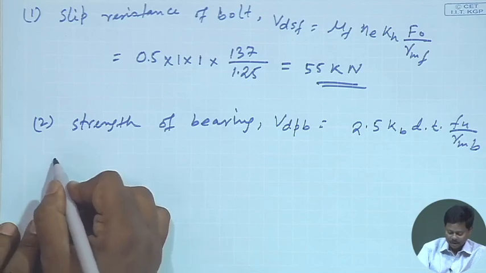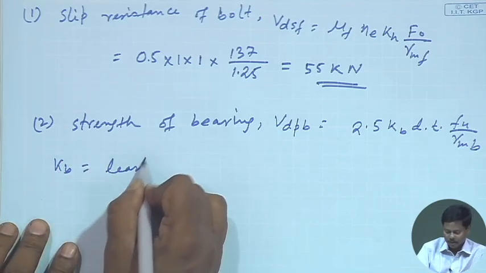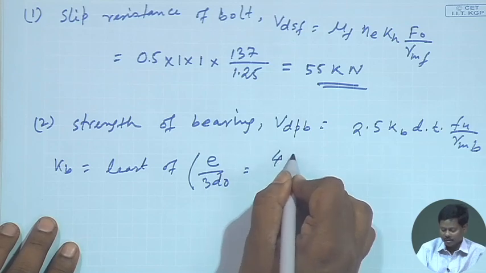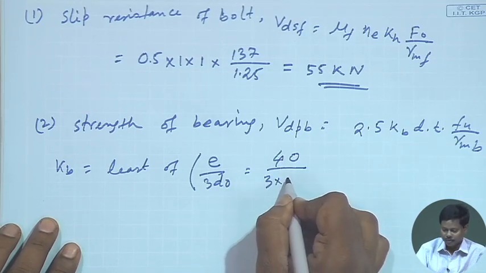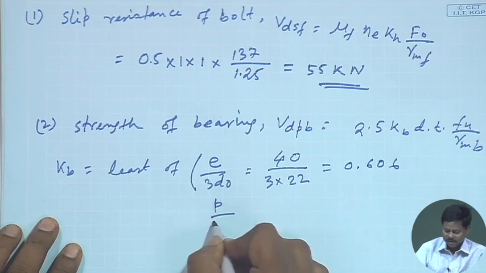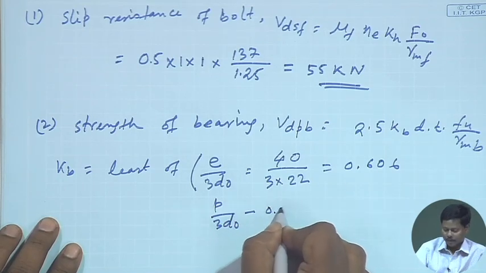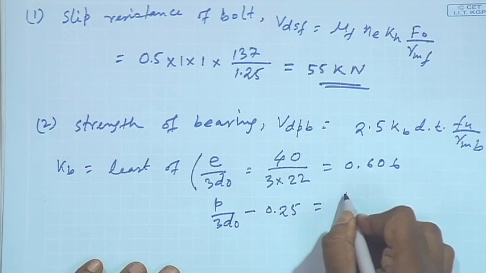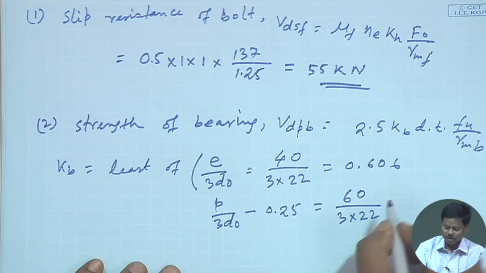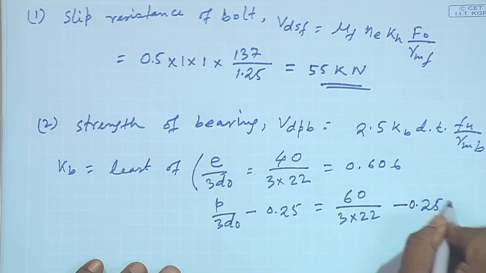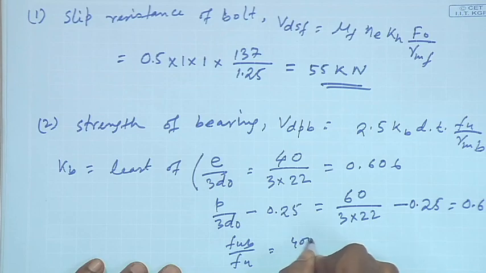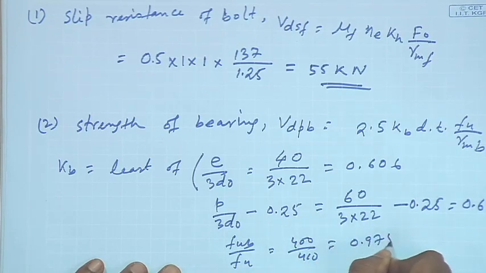Now, we have to find out the constant kb, which will be the least of e by 3d0, that is 40 by 3 into 22, which is 0.606; p by 3d0 minus 0.25, with p as 60, that is 60 by 3 into 22 minus 0.25, which is 0.66; fub by fu, that is 800 by 410, which is 0.975; and 1.